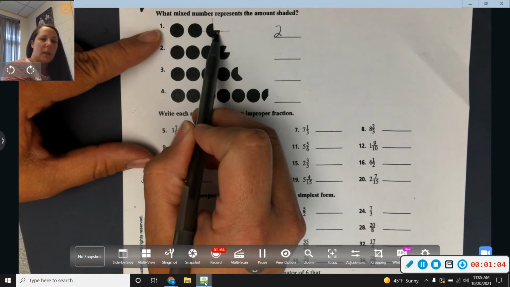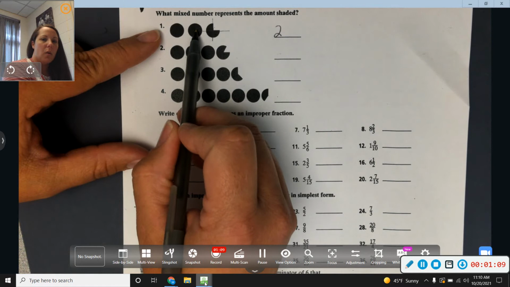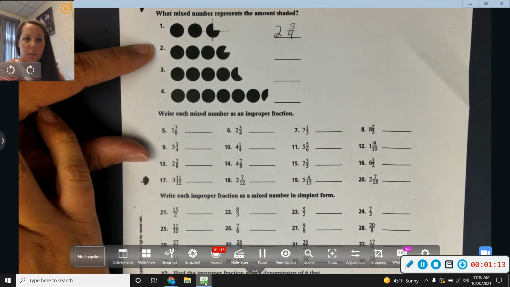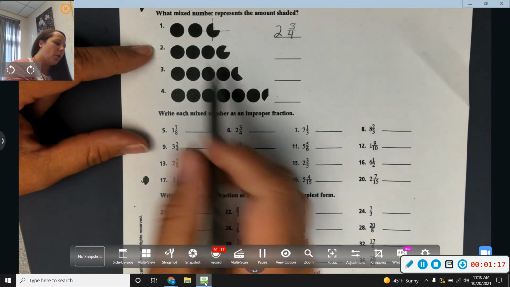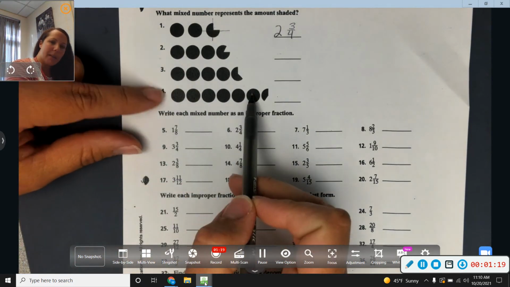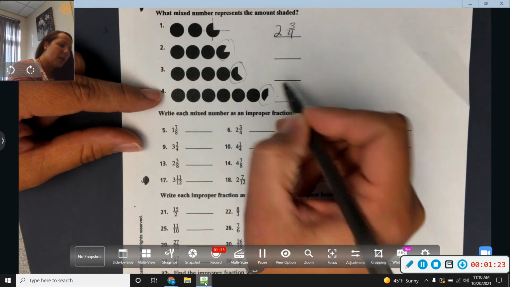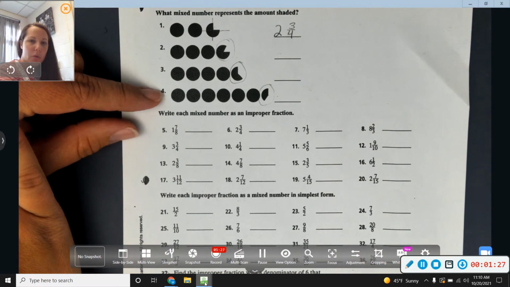So this would be 3/4 of a circle. So we have 2 wholes and 3 parts of 4 in another whole. So I want you to do your best on these. Think about these end circles and what fraction they could represent.